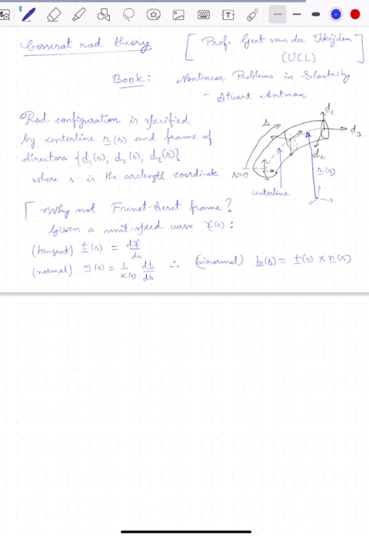So the problem here that we faced is, consider as an example a straight line, or a straight curve, or a straight rod, which just happens to be parallel along E3.